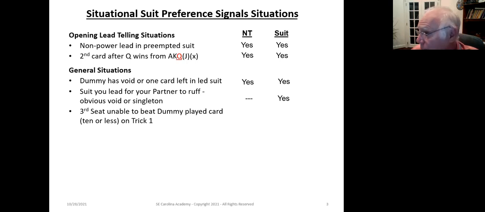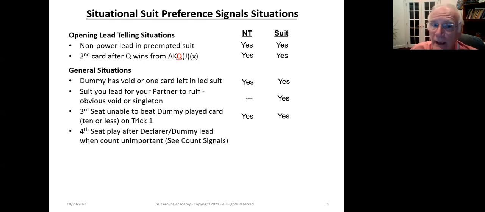So there's no reason now to tell your partner whether you want that suit continued or not, because obviously you do not. Because by playing a card lower than the 10, you're telling your partner you don't have anything in that suit that would justify a continuation of that suit. So what makes sense? Change from an attitude signal to a suit preference signal.